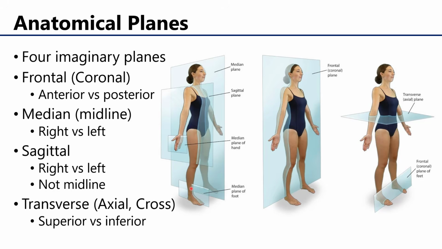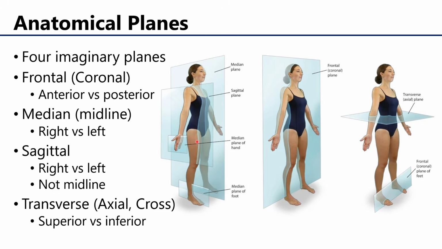So let's talk a little bit about the sagittal plane. Sagittal planes divide right from left, but they're not perfectly in the midline. So it might be useful to take a look at the thigh using a sagittal view, and that might divide the thigh into an imperfect right thigh versus left thigh.